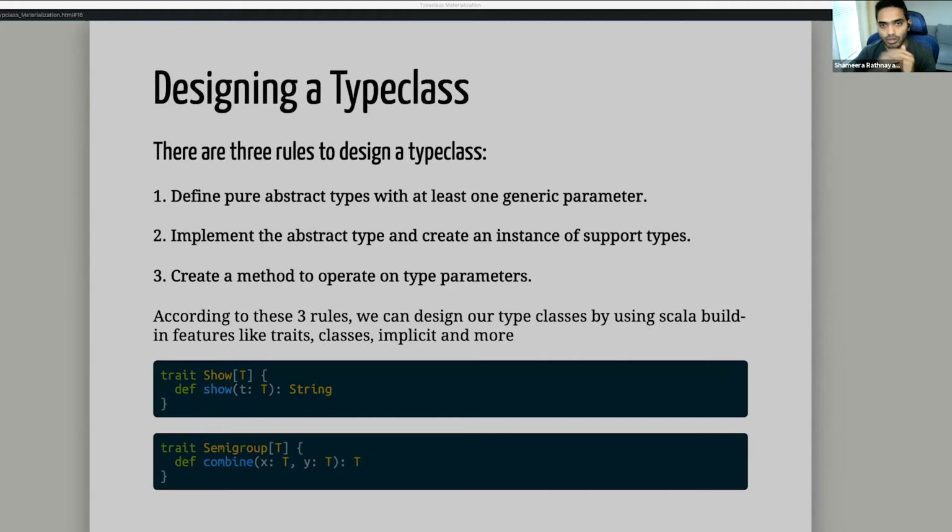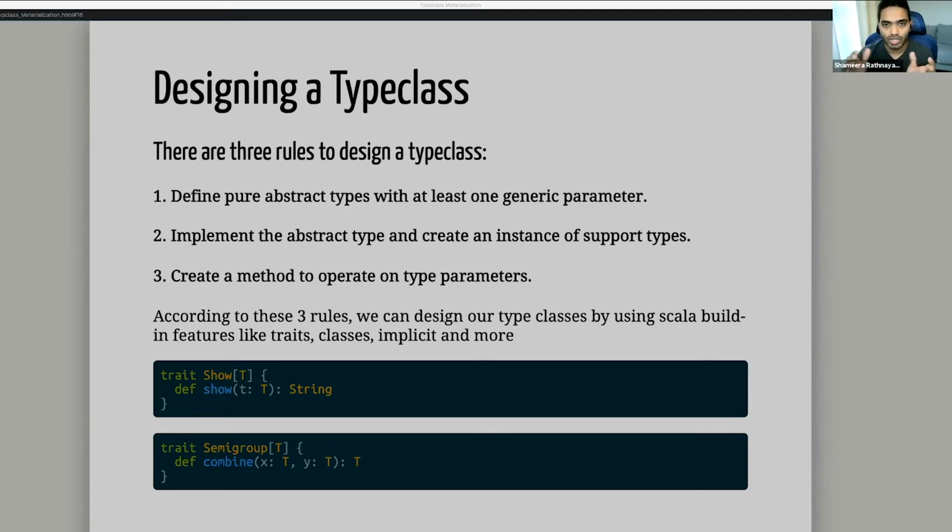So how we design this in Scala is, we can use the Scala built-in features like traits, case classes, and implicits, and then we can achieve this ad-hoc polymorphism, designing these type classes out of these three rules. In the slides we have Show and Semigroup. Semigroup is kind of combining two values of a type and producing the same type.